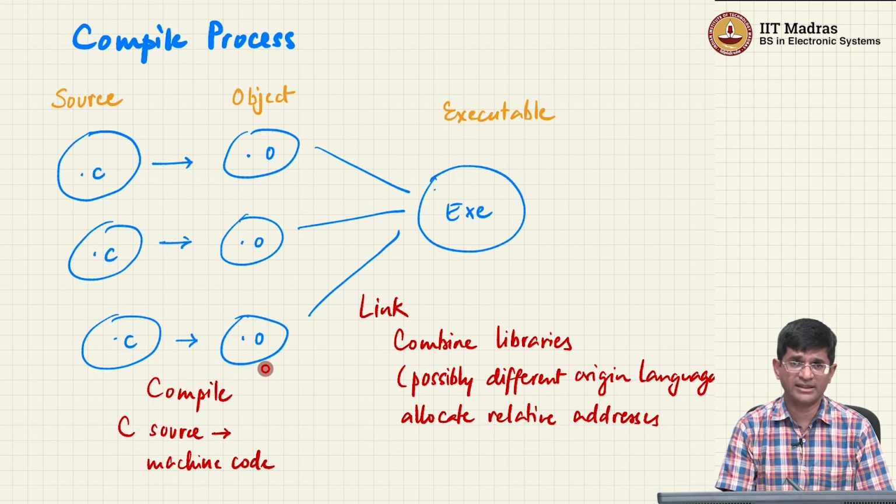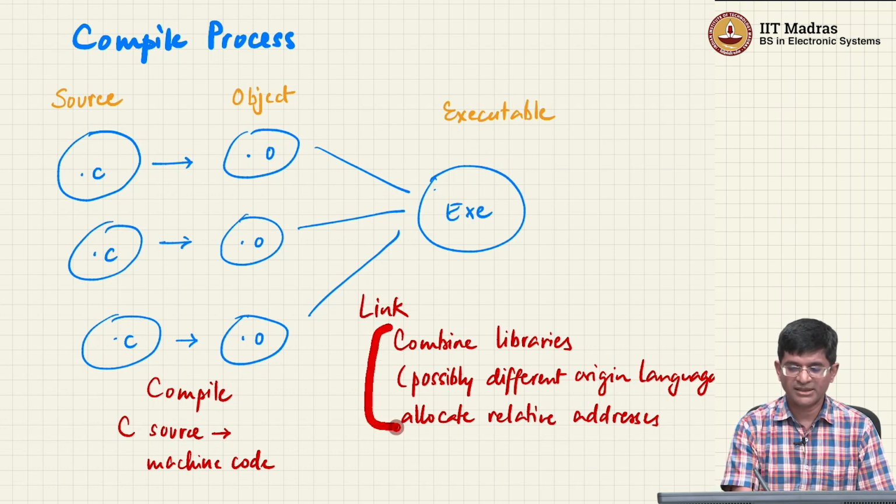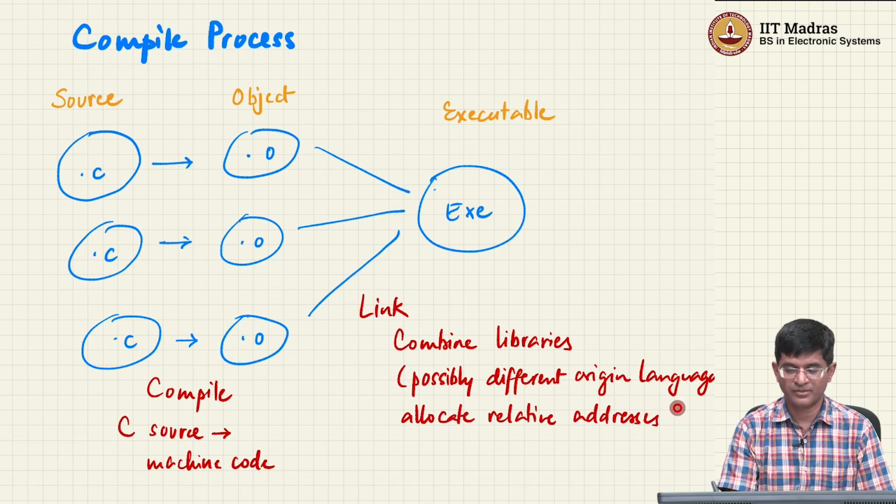I might also find that I am trying to use some kind of standard libraries, things like printf, scanf, square root and so on, okay. I need to put all of this together. That is done by the linker, which basically combines different libraries, which incidentally could also have started out in different languages, right. And it allocates relative addresses, it puts everything together and creates something that can actually run as an executable.